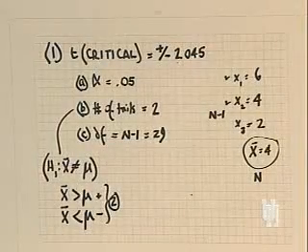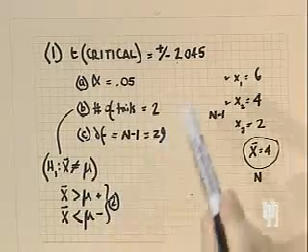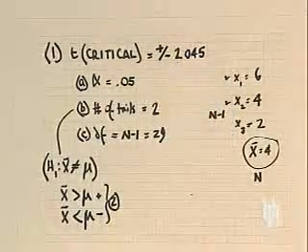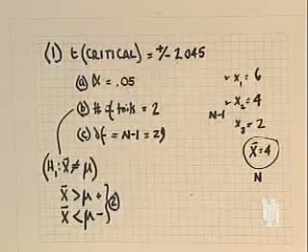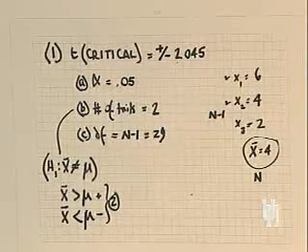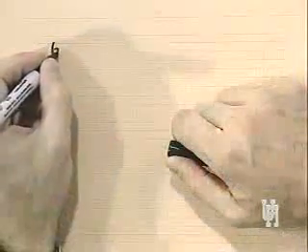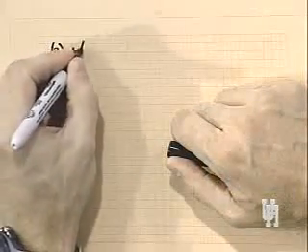Are there any questions regarding how to establish the critical value of t? Let's then compute the obtained or observed value of t, which is the second step.